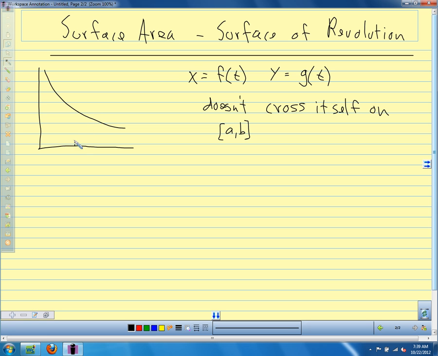If we're going to revolve it about the x-axis, our radius of revolution is just y. And if we're going to revolve it about the y-axis, our radius of revolution is just x.